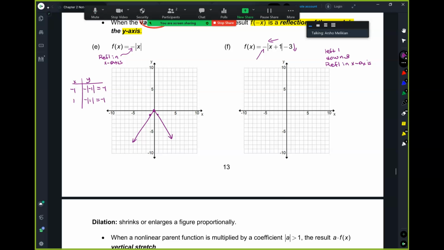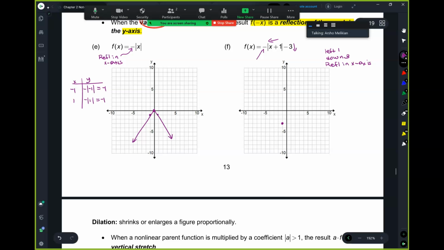So let's take a look at what we're going to do here. Let me plug this in. So where is the vertex going to be? That point, so it's left 1, down 3, right? So left 1, down 3, negative 1, negative 3. Right?